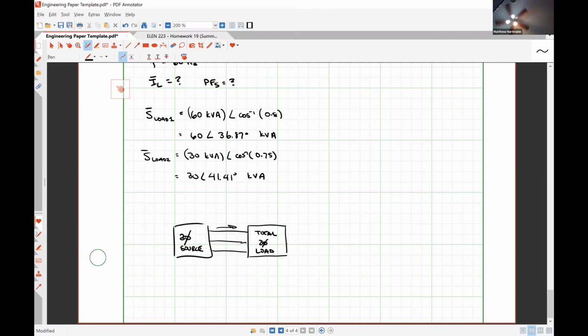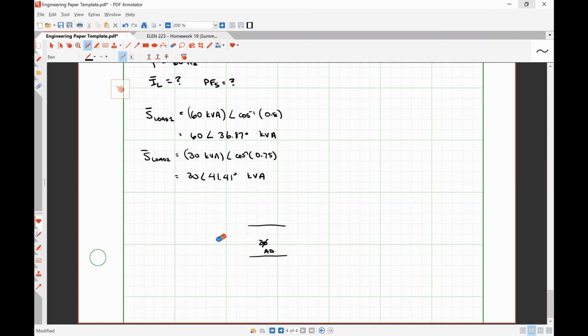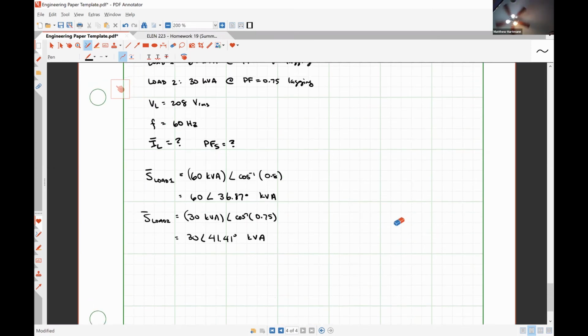So, do we have enough information to figure out what the total 3-phase load is, at least from a power standpoint? Oh, yeah, you just multiply by 3. Wait, you're not quite catching what I'm throwing. Okay, let's talk about this. This S load 1 is the total power absorbed by load 1. It's not on a per phase basis, it's for all 3 phases, because we were not told specifically that it is that amount per phase.